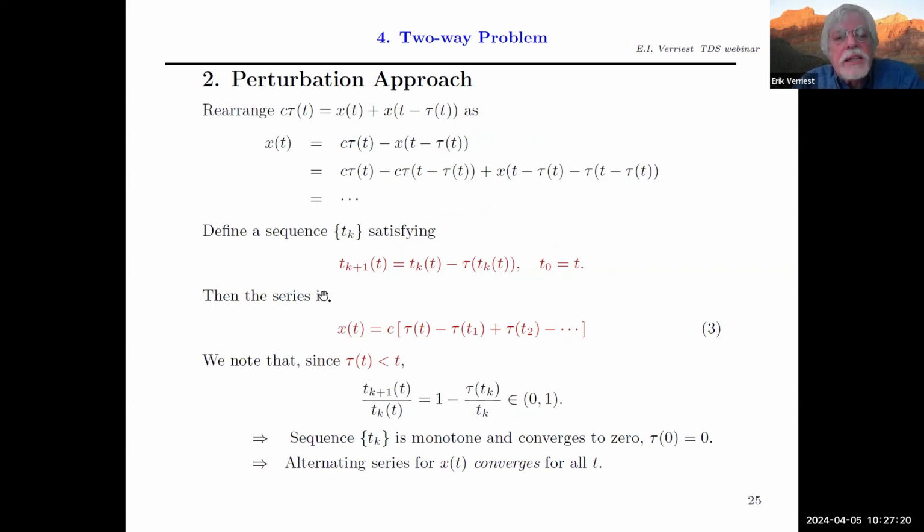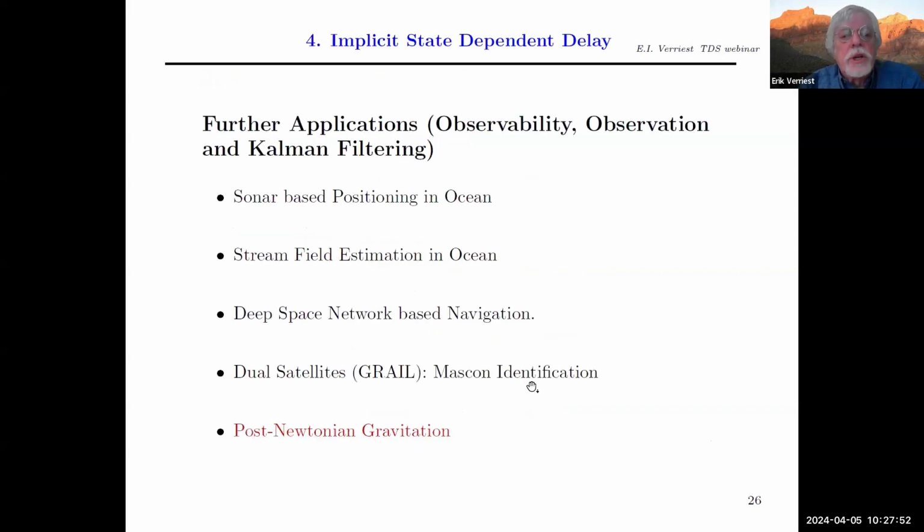And then the series expansion here is that x of t is this alternating sum of these taus. Now, since tau of t is less than t, these guys here are all less than 1. So the sequence t_k is monotone and converges to 0. And therefore, the alternating series or the perturbation approach is known to converge.